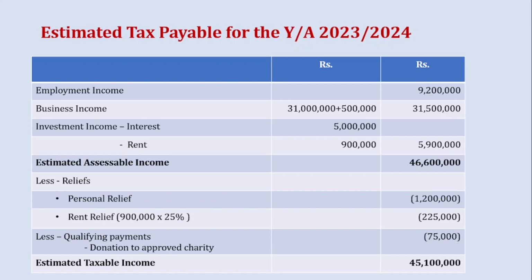Actual means estimated repair and maintenance expenditure, or 25% of the total rental income. The amount is 225,000. Finally, she can deduct qualifying payments, that is the amount donated to the approved charity, 75,000. Then the estimated taxable income is 45,100,000.